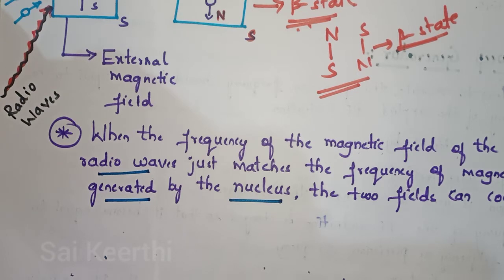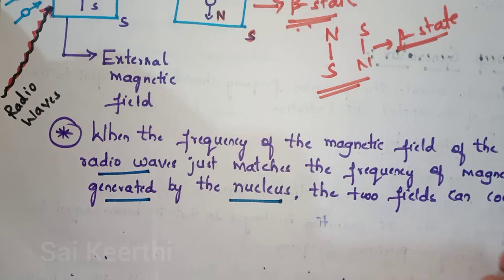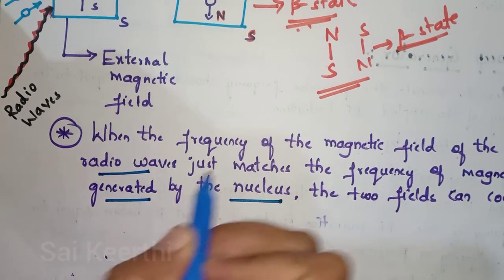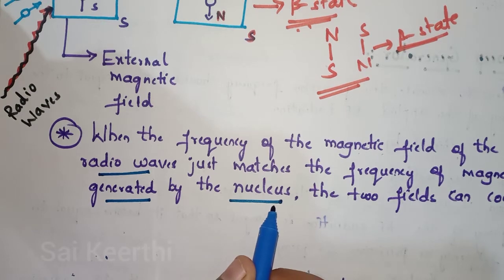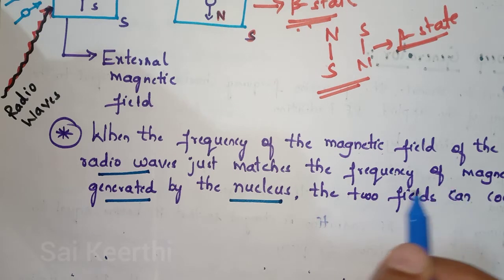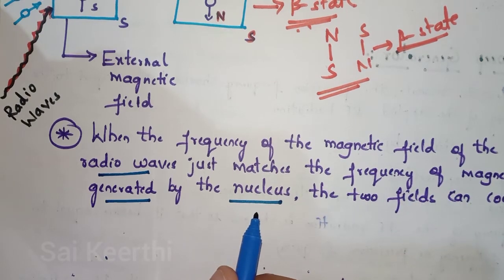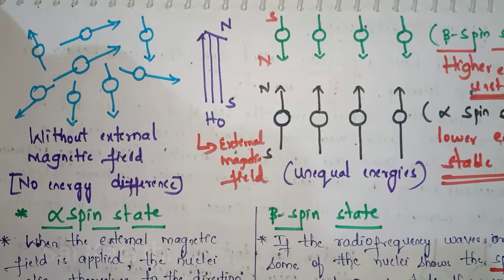We can also call it spin flipping of nuclei. We know that incoming radio waves have a magnetic field and the nucleus also generates a magnetic field. When these two frequencies match, then only resonance occurs, then only the beta state will occur. Then the spin flipping of nuclei takes place.